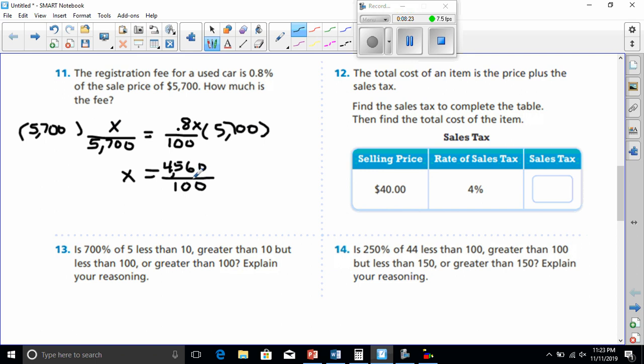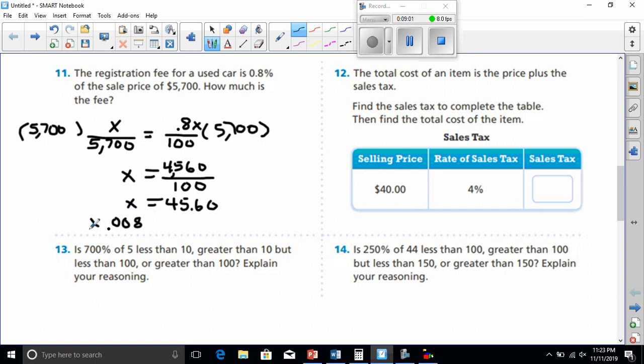Well, once again, I could just move my decimal over 2 spots because I'm dividing by 100. And this will tell me that x must be $45.60. That's the registration fee. Another way you could do this is to realize that 0.8 divided by 100 is going to be 0.008.